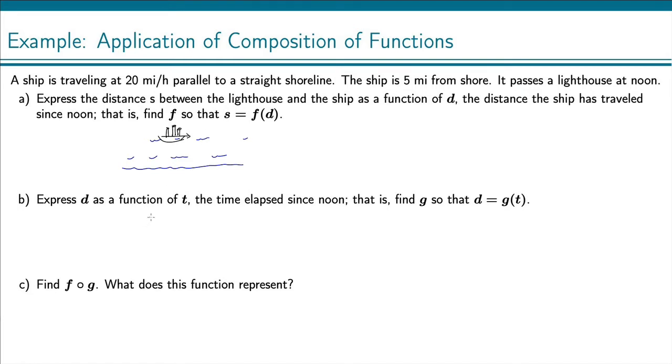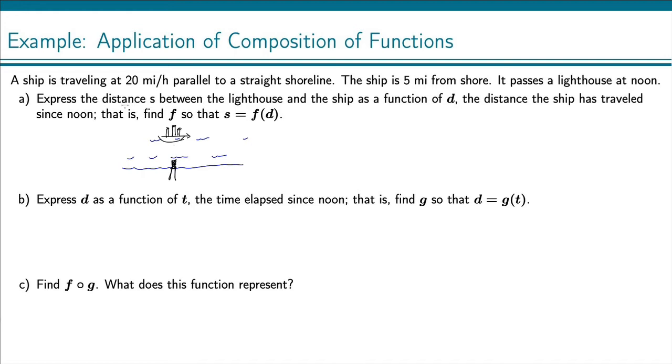And it passes a lighthouse at noon. So here's what's happening at noon, and here's our lighthouse. Again, I'm not an artist. There's our lighthouse, and it passes at noon.